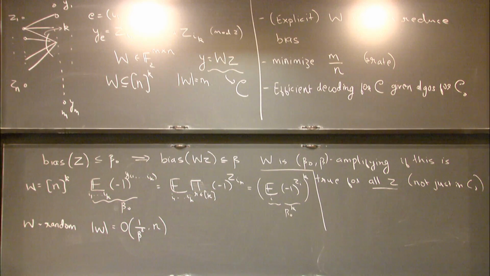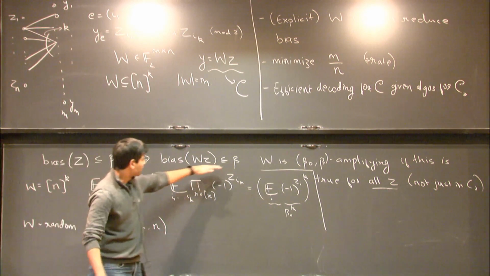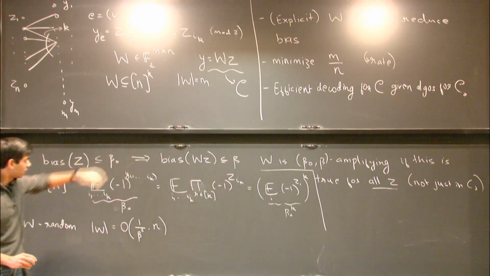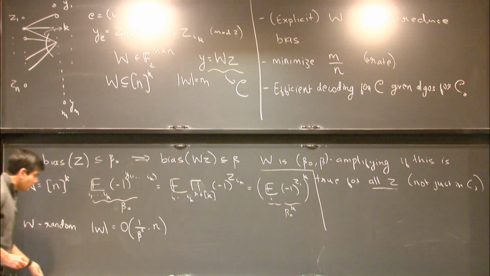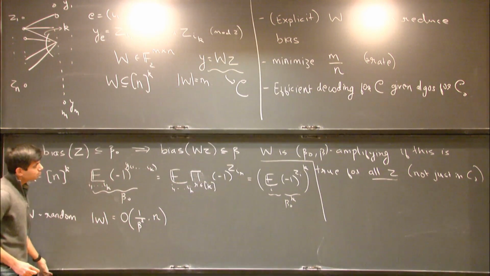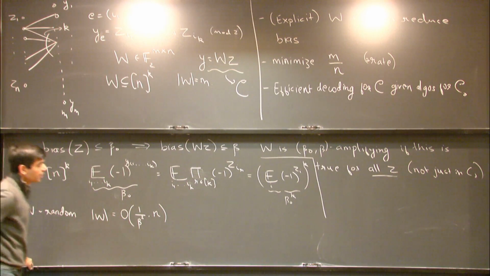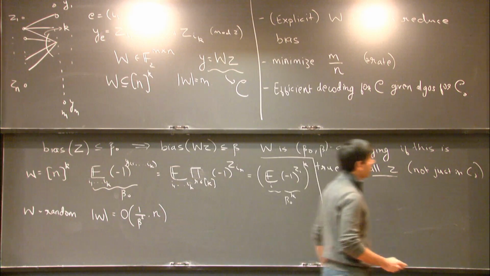Right. So this is the best you can hope for because of Gilbert-Varshamov, which says what is the rate of a code at a given distance. And here we are talking of rates of codes at distance, which is half minus epsilon or half minus beta, or maybe half minus beta over 2. Okay, so that's the random construction.